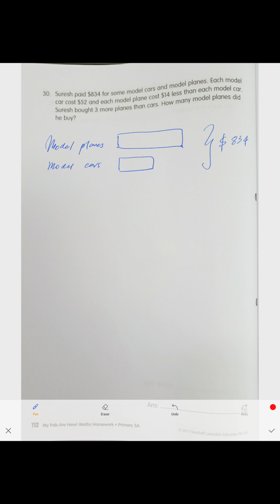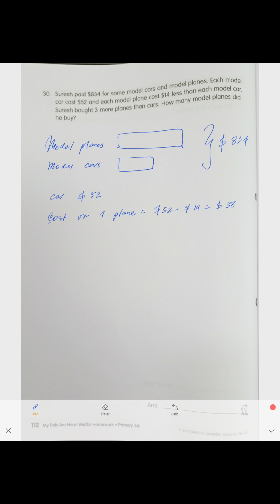Now this sentence is very simple. Each model car costs $52, right? So a car is $52, and a model plane is $14 less. So you can write the cost of one plane is equal to $52 minus $14, which is equal to $38.